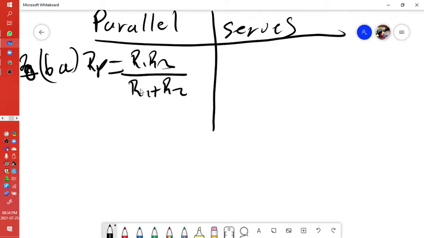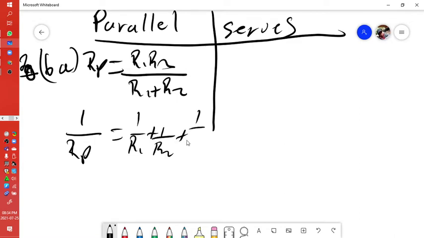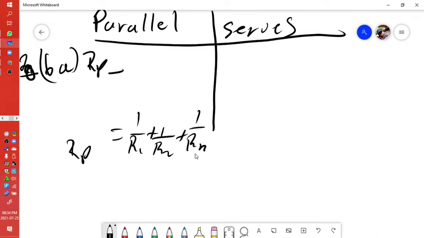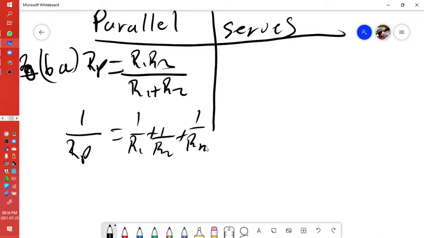This method will be easier when they are many. To avoid trouble, just do 1 over Rp equals 1 over R1 plus 1 over R2 plus 1 over Rn, where n shows the maximum number of resistors.